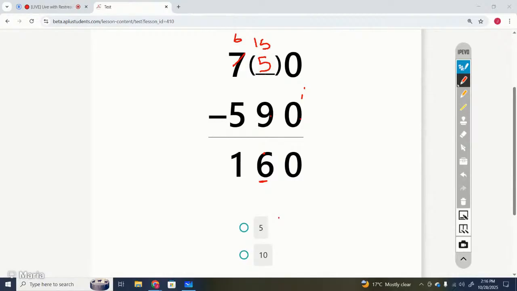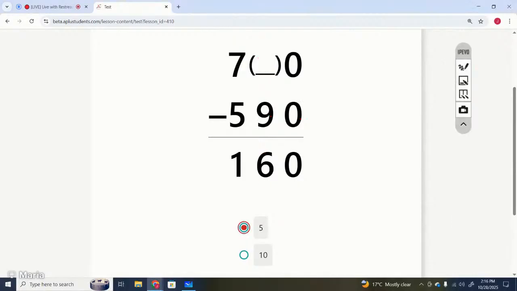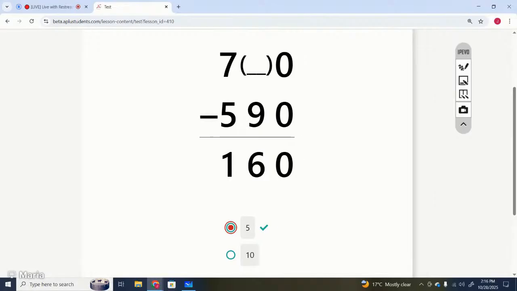So the missing number is 5. Option number 1 is the correct option.